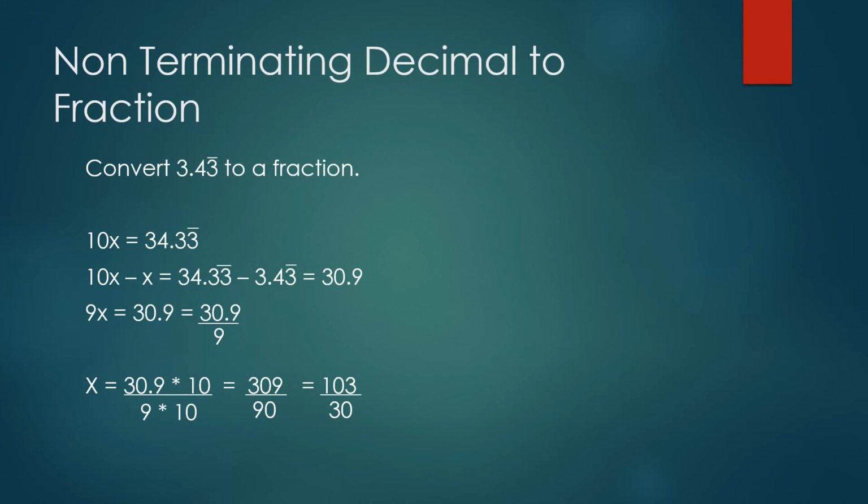So we have to multiply the numerator and the denominator by 10 so we can get an equivalent fraction of the same value. 30.9 times 10 is equal to 309, and 9 times 10 is equal to 90, which gives us 309 over 90, which can be simplified to 103 over 30.